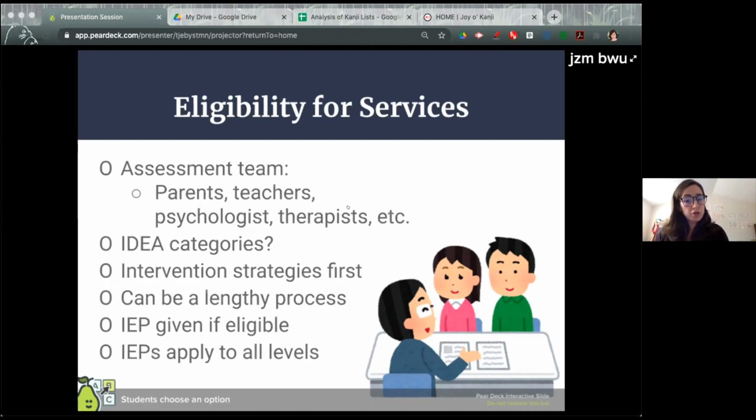Well, no, a student who has an IEP, even at the university level, the IEP is a legally binding document.